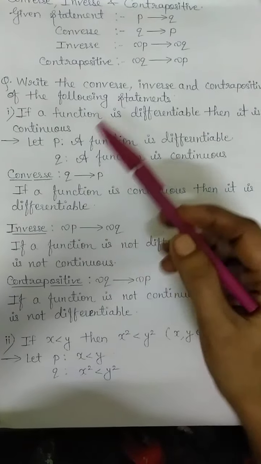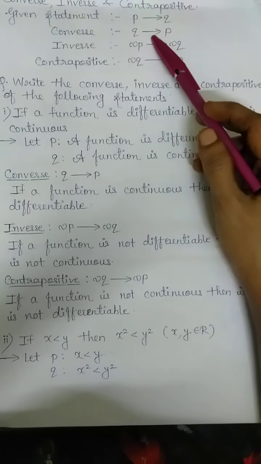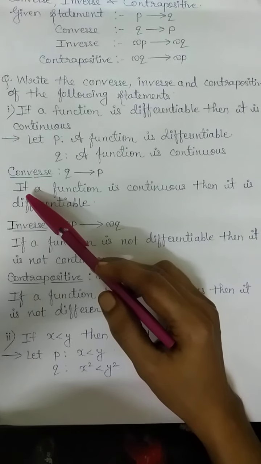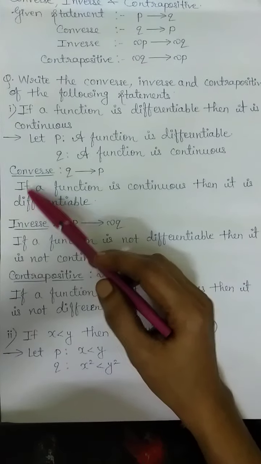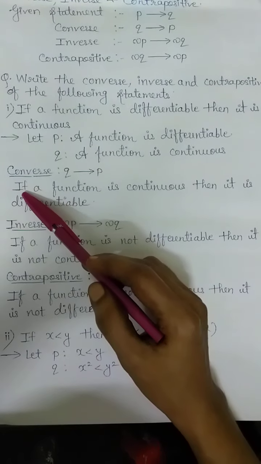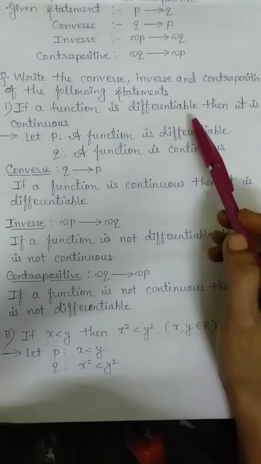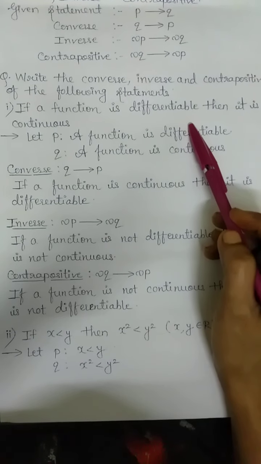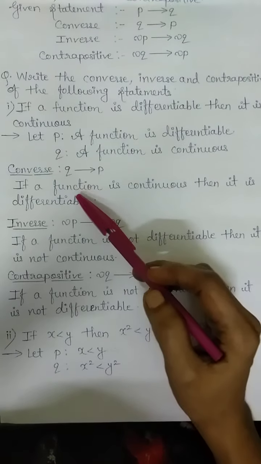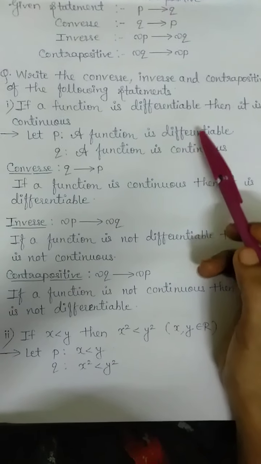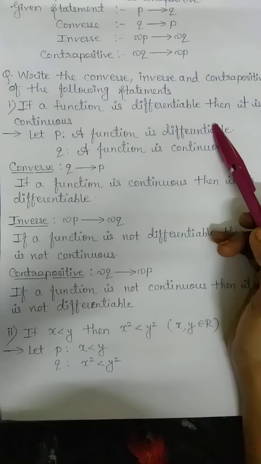Now converse. We know that converse is given by Q implies P. So our statement will be: if a function is continuous then it is differentiable. Since we require Q first, we write a function is continuous then it is differentiable.